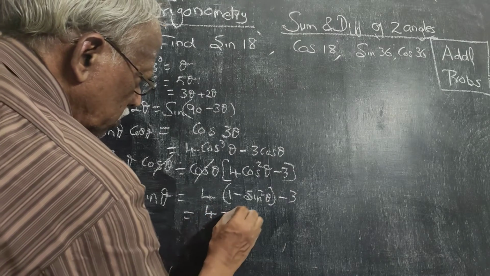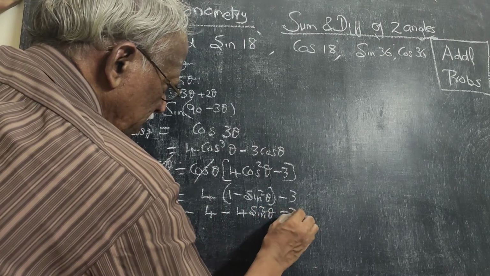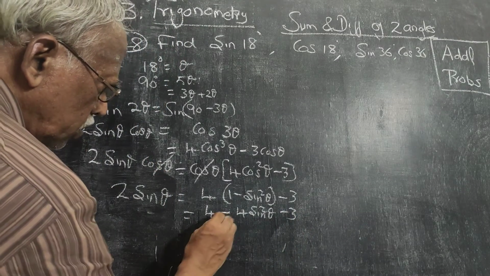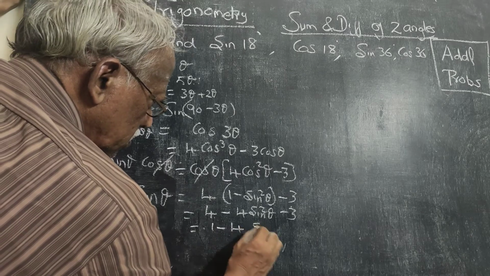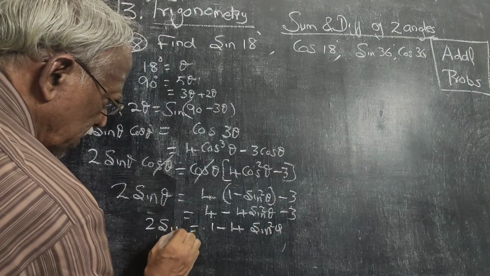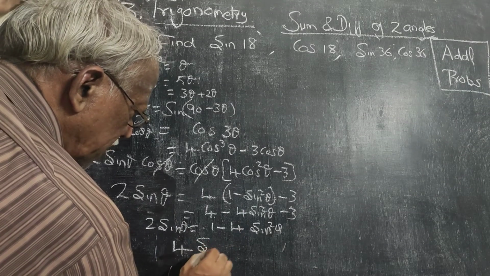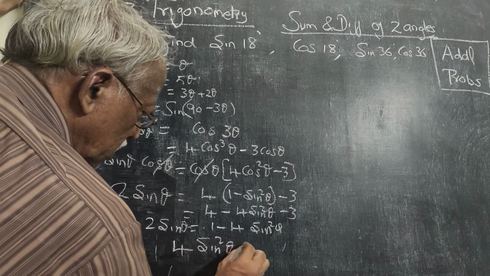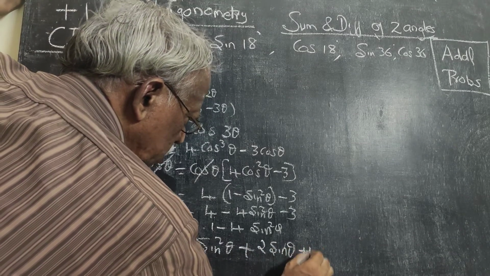So this is 4 times sin square theta, and then minus 3. So 4 minus 3 is simply 1. So 1 minus 4 sin square theta equal to 2 sin theta. Taking everything to this side, 4 sin square theta plus 2 sin theta plus 1 equal to 0.